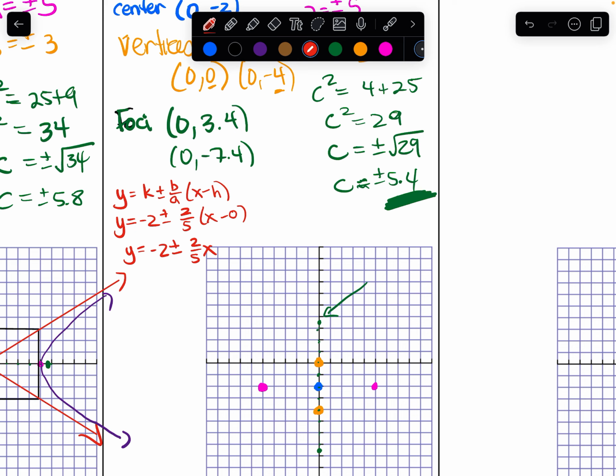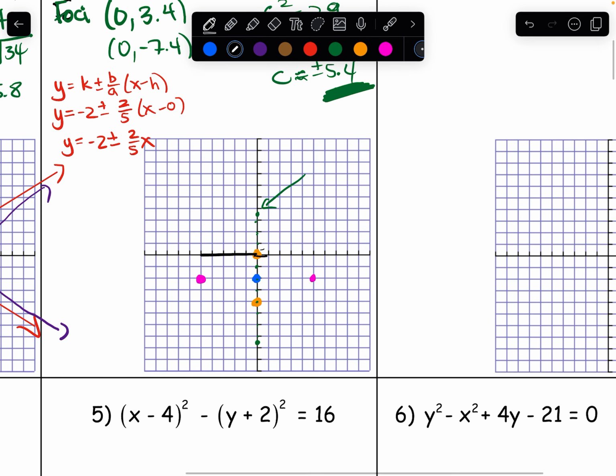So now I'm going to draw my picture the rest of the way. So I'm going to come here. I'm going to come here. Oops, that was a horrible line. Okay, I'm going to come over here, and I'm going to come down here. Oh, that is not a very good line.